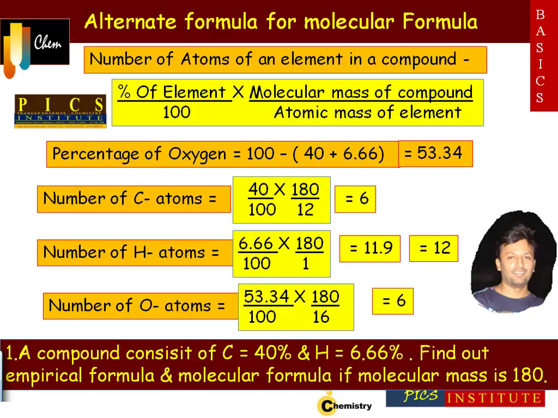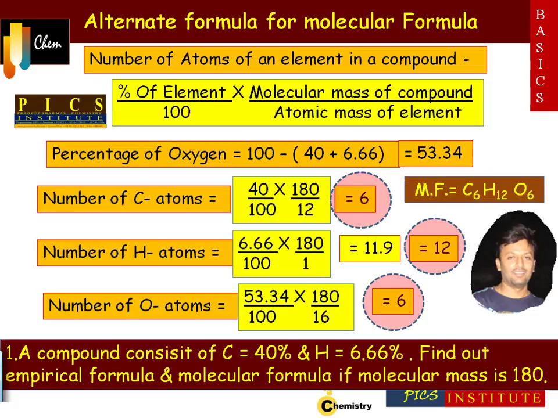So in this manner we get carbon 6, hydrogen 12 and oxygen 6. Hence the molecular formula is C6H12O6. So students, we can say it is also an easy method. Without solving empirical formula, we can directly solve molecular formula.